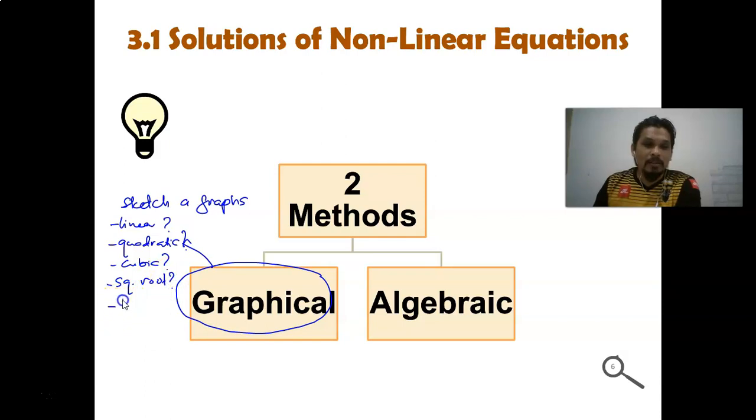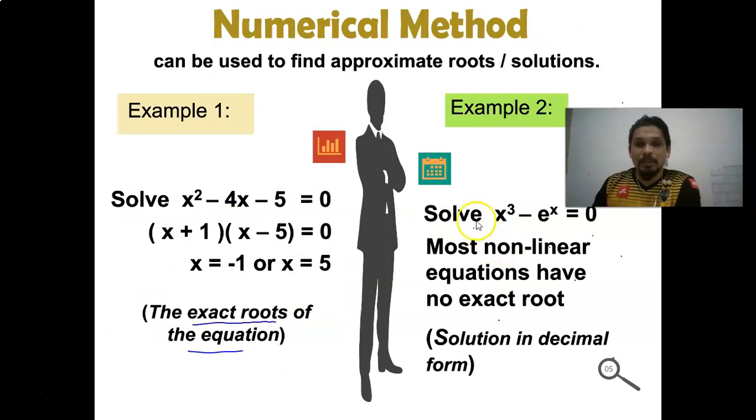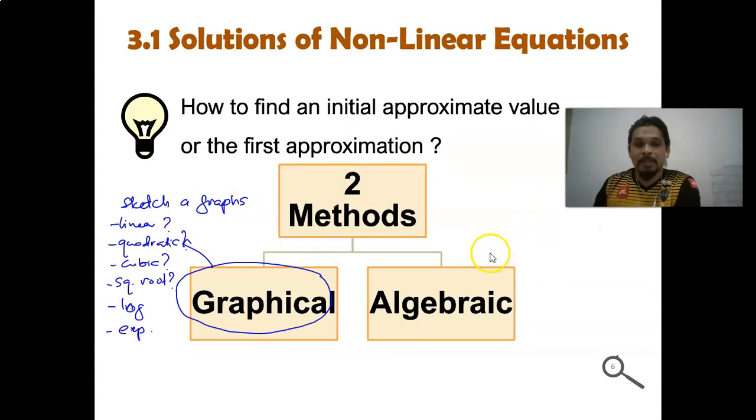What else? Natural log graph, and also the exponential function. Please refresh, ask yourself whether you can still sketch all these kinds of graphs, because we need it in this part. And algebraic means that we look into the equation of this one here just now. How to find the initial approximate value, or the first approximation?